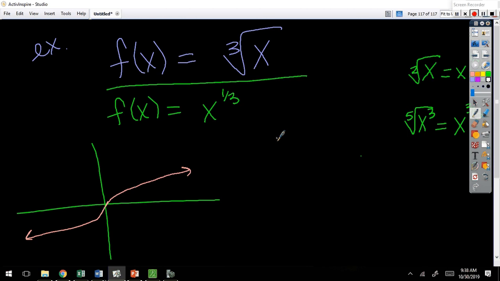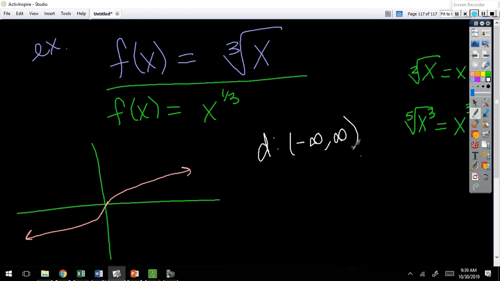What's the domain? Negative infinity to infinity. Why? Because it doesn't have to be restricted, even though there's a radical there. Why is the domain still negative infinity to infinity? When it's an odd number radical, okay, the reason that even radicals are restricted is because you can't have a negative under there, right?